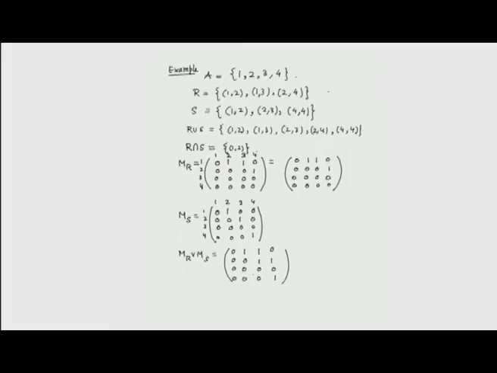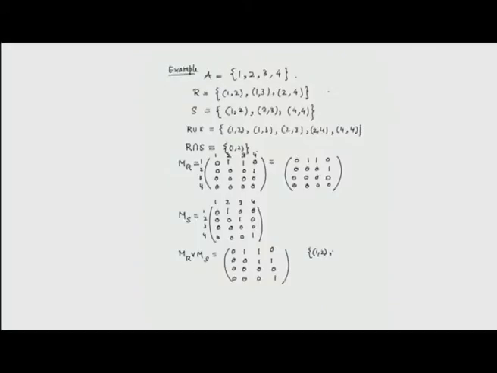Now, let us try to construct the relation corresponding to this matrix. We see that in this relation, 1 is related to 2, and then the entry 1 3 is 1, therefore, 1 is related to 3.